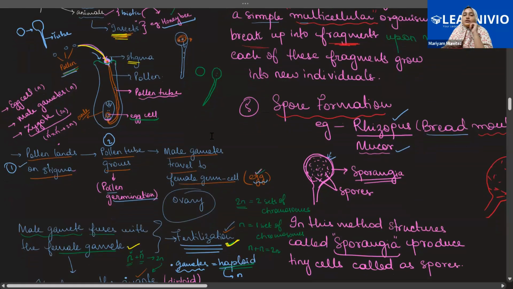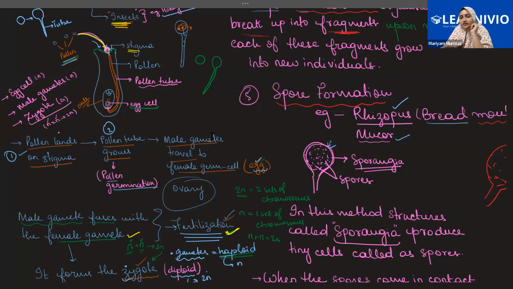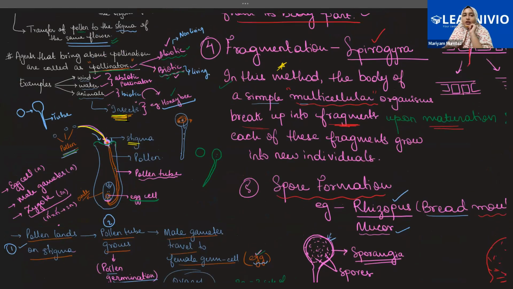Now, what are those agents that cause pollination? Biotic and abiotic agency. Yeah, what do you call the agents? Like, there's a name that those agents have. Pollinators, right?